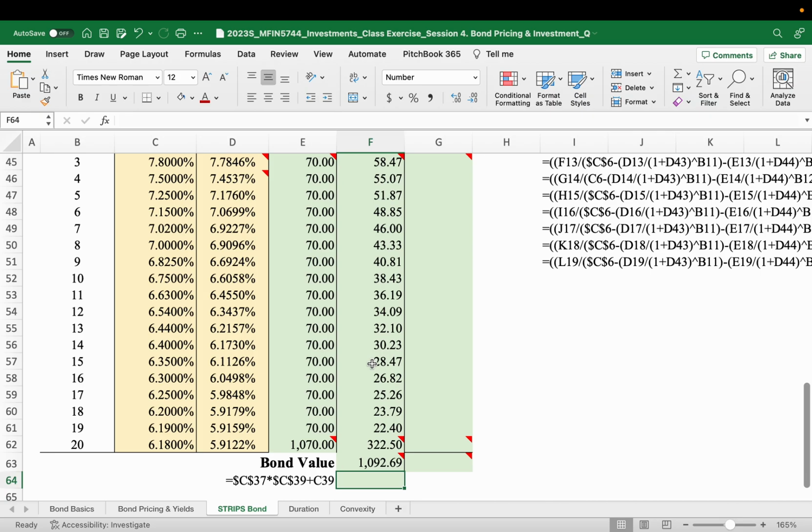Bond valuation, bond pricing is really important. Why? Because we have all the variables. We have the par value as well, right? Unlike the stock valuation, we don't have any growth. We don't have any other estimates except for the interest rate, right? Once we found a very reasonable interest rate with this kind of spot rates, then we can get this bond value very precisely.